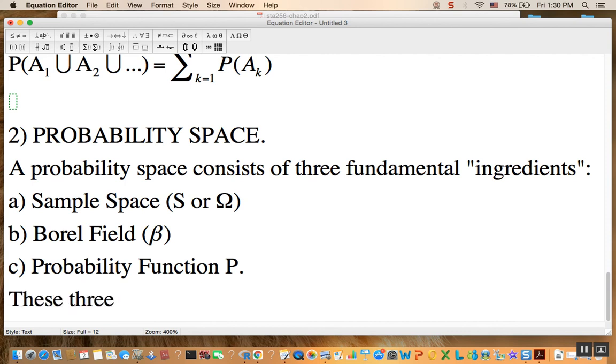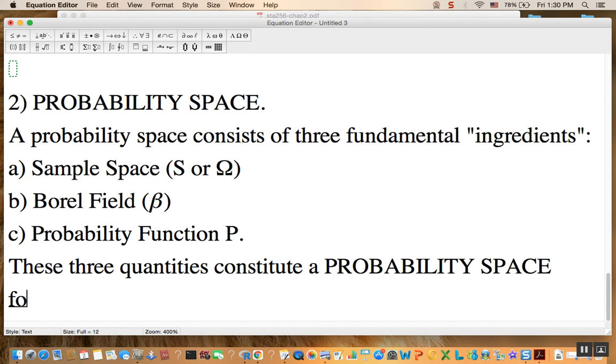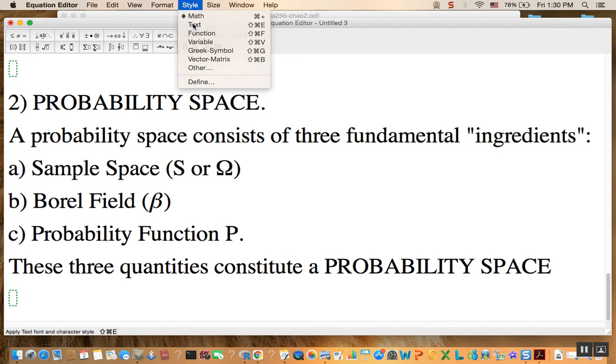These three quantities constitute a probability space associated with the random experiment of interest.